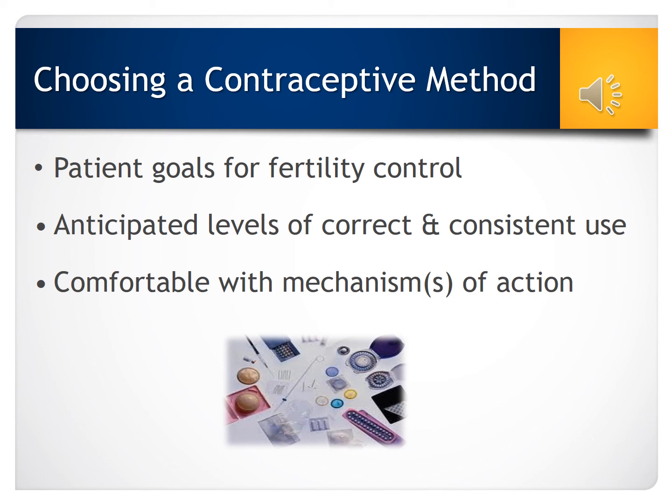For example, if a woman has expressed that she's not comfortable inserting her fingers in her vagina, then a NuvaRing or a vaginal ring wouldn't be a method of choice. Would she have difficulties checking the string placement if she had an IUD? We have to take those things into consideration.